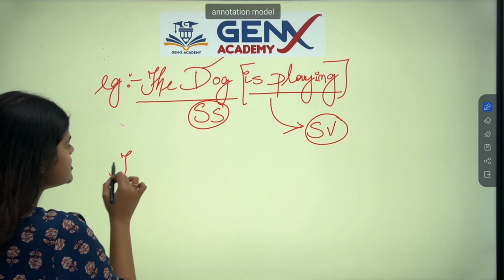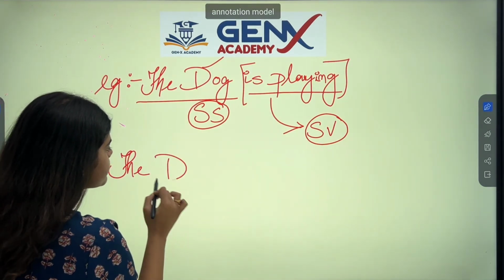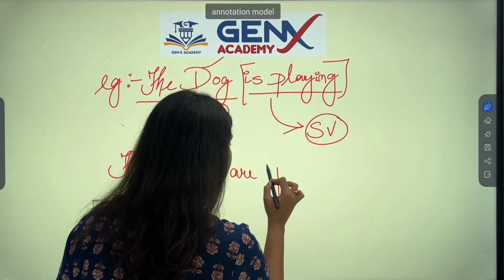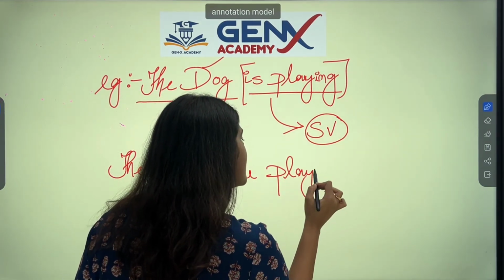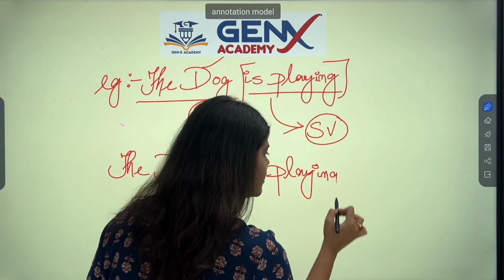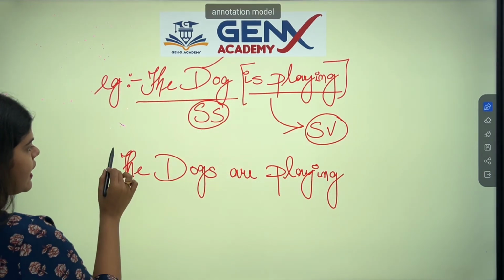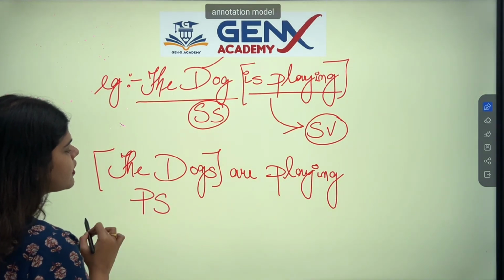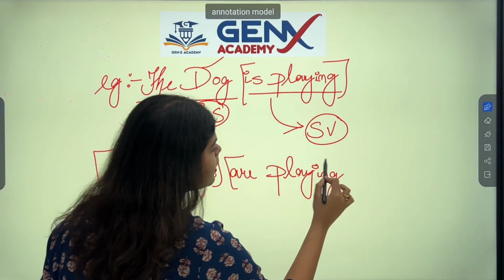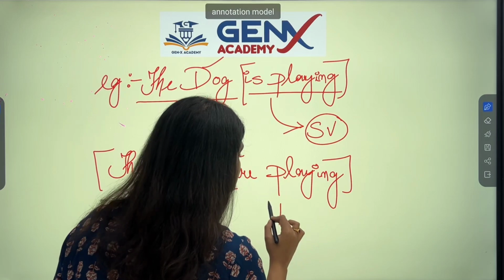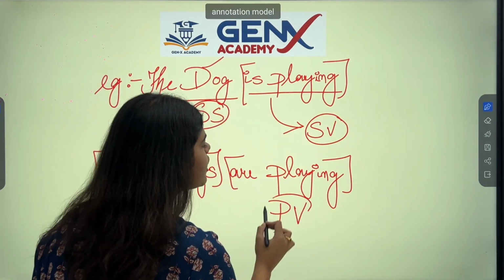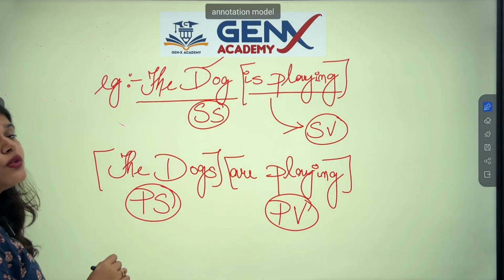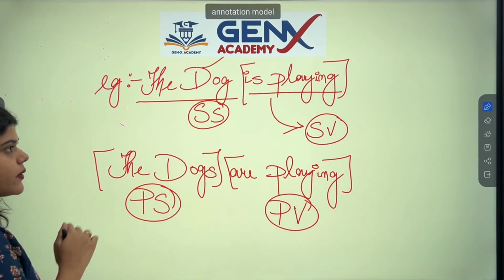Similarly, if I change this into the dogs are playing. So, as I change the subject into a plural one, the verb has to change into a plural verb. So these are the basic rules of subject-verb agreement.